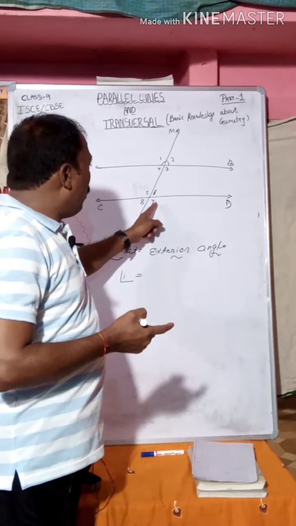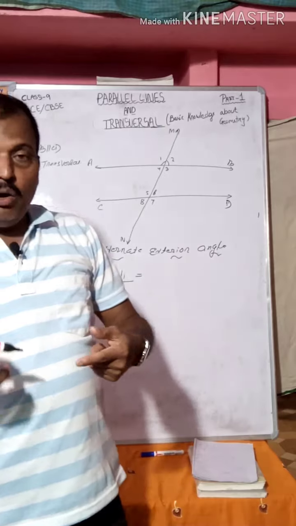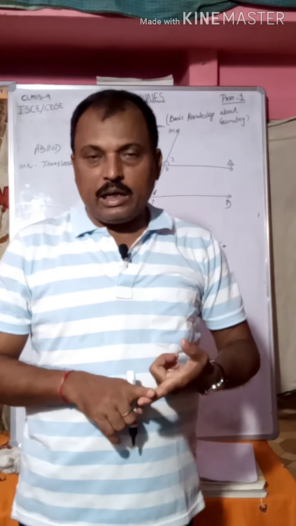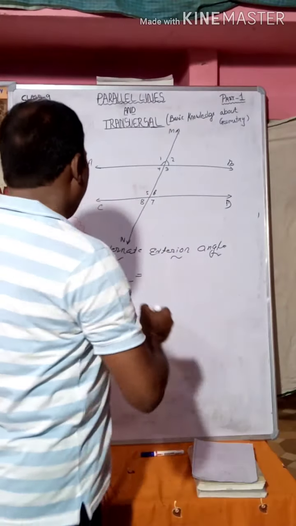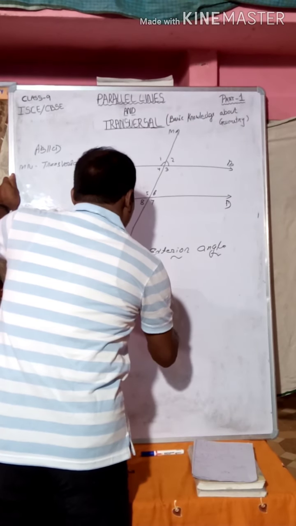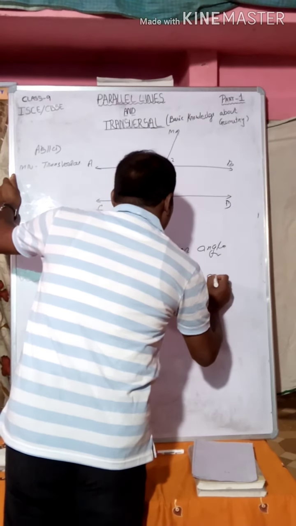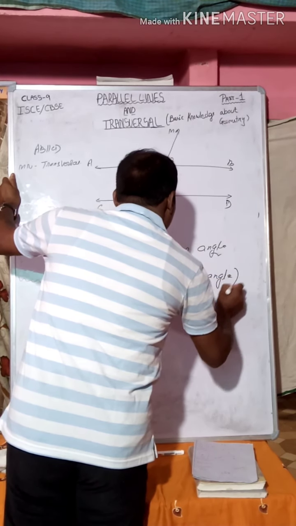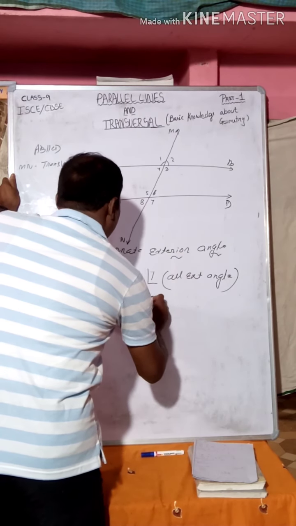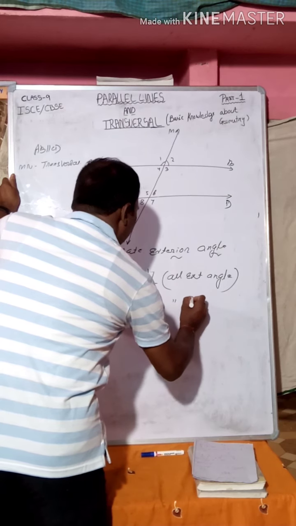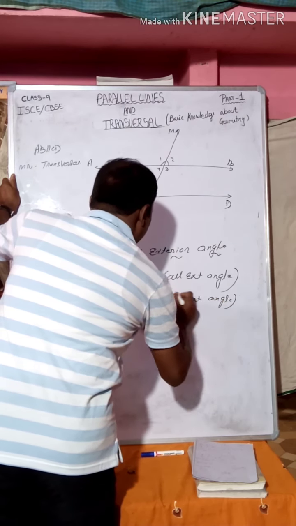Those two angles are on alternate sides of the transversal, but they are not adjacent. So angle 1 is equal to angle 7. This is an alternate exterior angle pair, and angle 2 is equal to angle 8. This is also an alternate exterior angle pair.